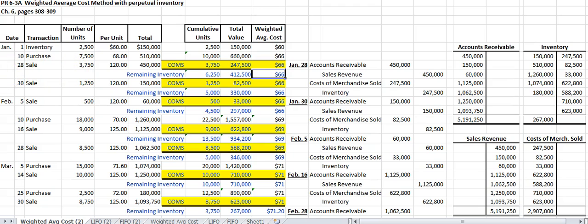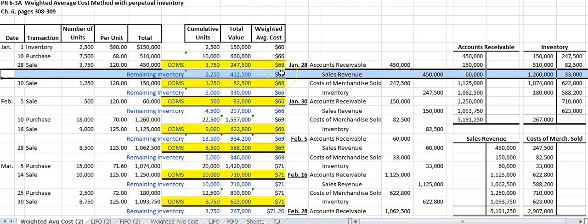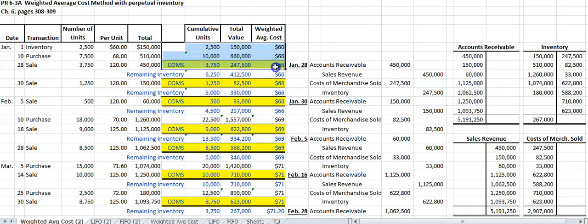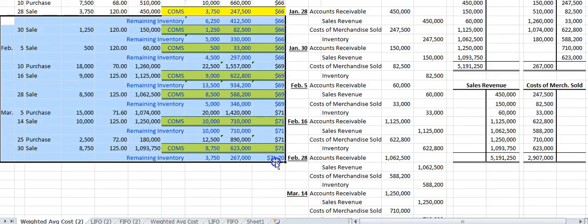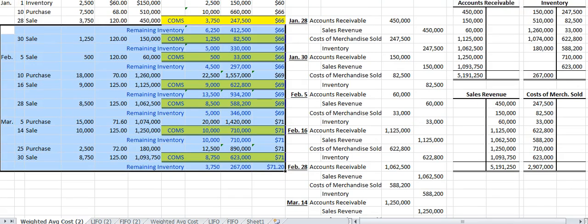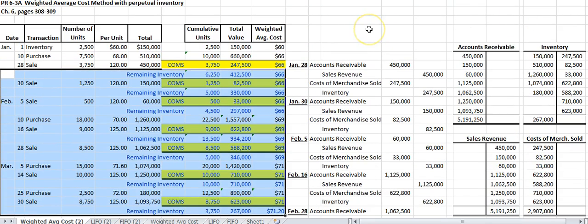We roll over the weighted average cost at 66. And just like in the previous problems, at this point, this becomes part of the history. We do not worry about this anymore. Now we're going to be looking at the problem from here down, and it leads to less confusion when you don't have to constantly be looking back.